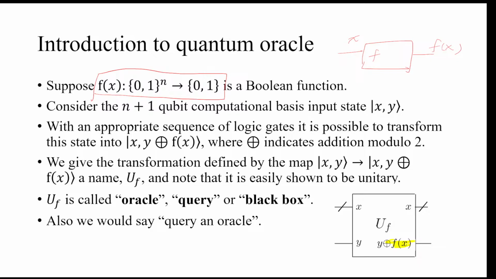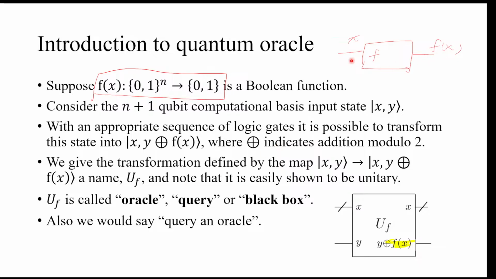Here we are writing this with the XOR version. We assume f of x is 1 bit, then you have XOR here. One thing to say is that the quantum version of oracle is more complicated than the classical version, because the classical version is actually not a quantum gate.